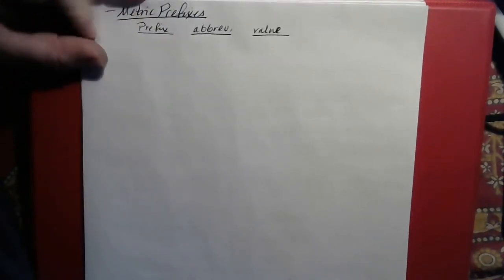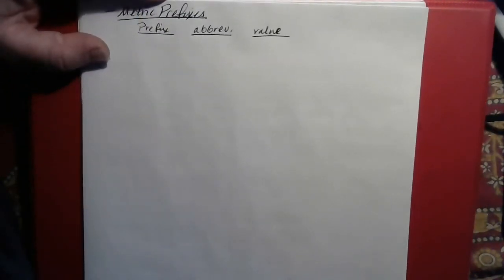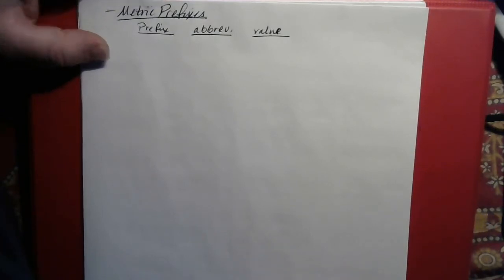The metric system, though, being used in science, has to be prepared to deal with a very broad range of values from extremely large to extremely small. And so there's a very wide range of metric prefixes available.